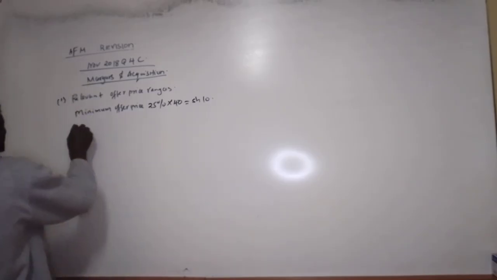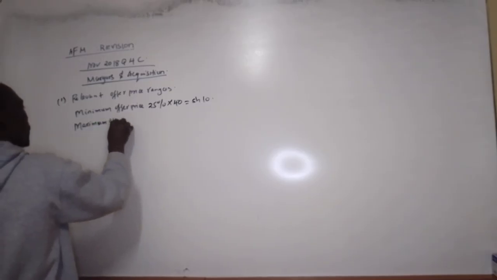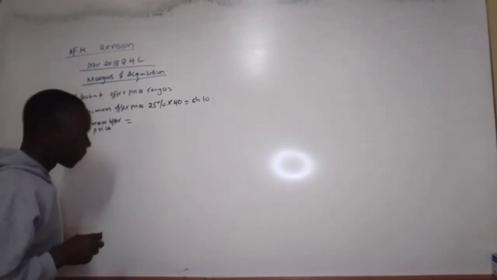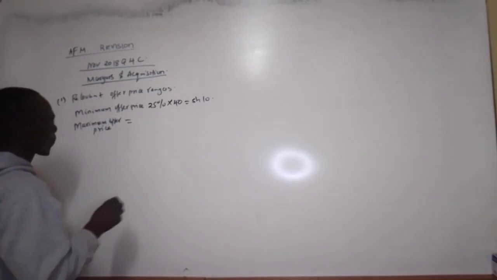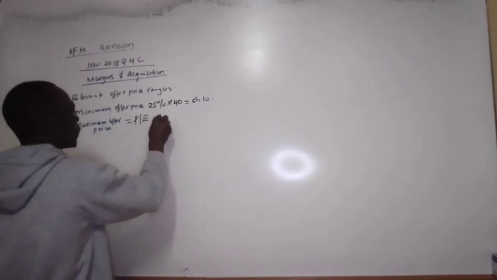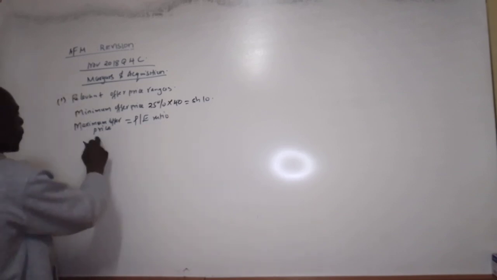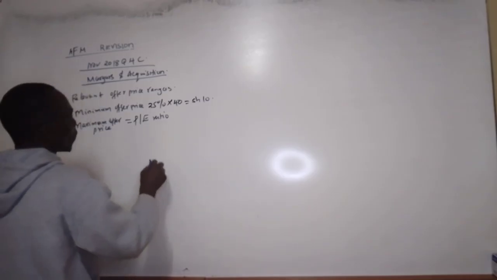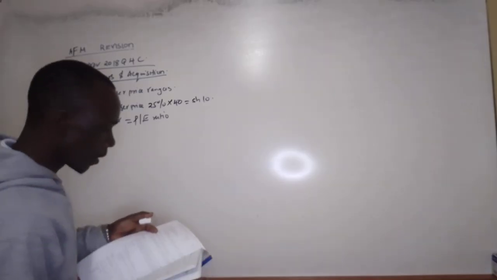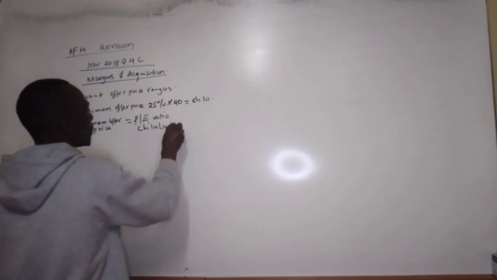Then let us get the maximum offer price. Our maximum offer price will be given by the price earning ratio. You take the price earning ratio of the predator, and in this case the predator is Chiruru Limited.